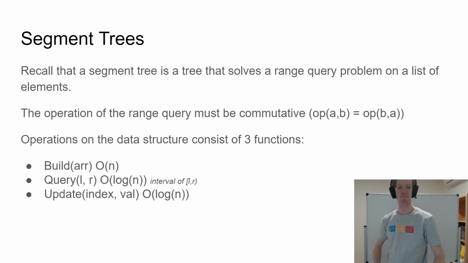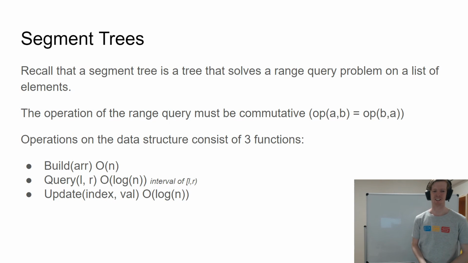So first of all, what is a segment tree? We recall that a segment tree is a data structure that solves range query problems. So if we want to do some operation over a range on a list, then we'd use a segment tree, because a segment tree would be able to do this once it's constructed.